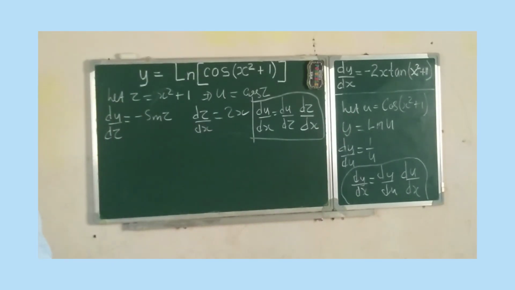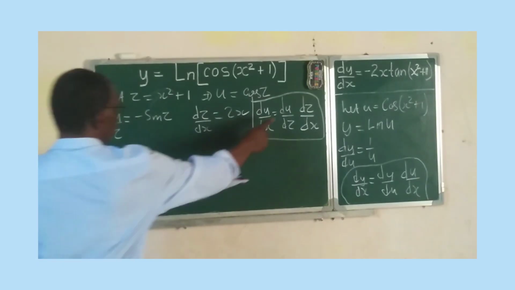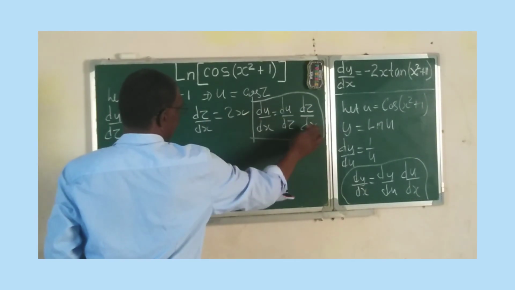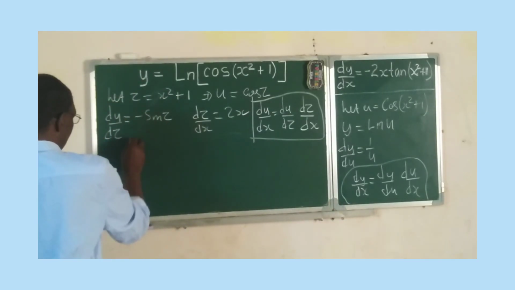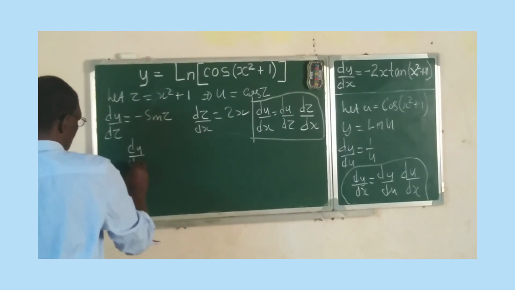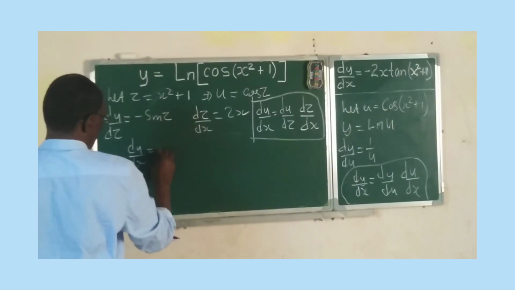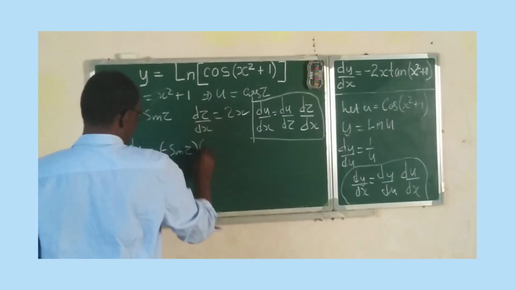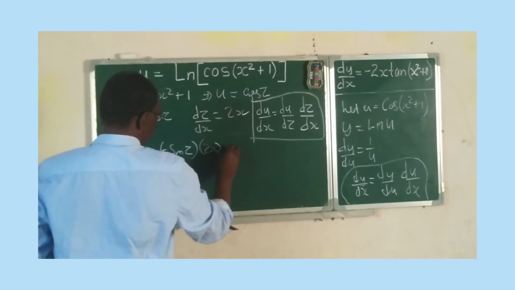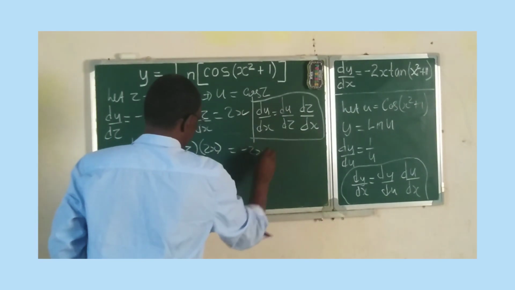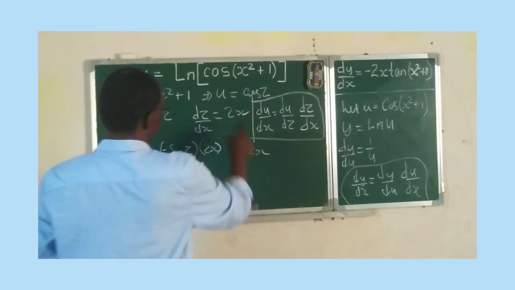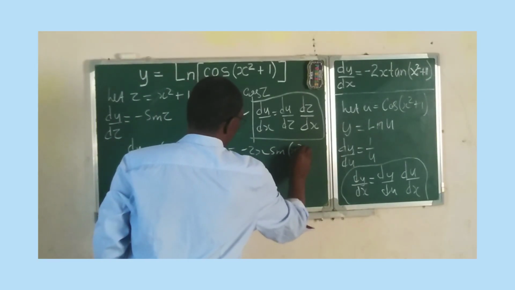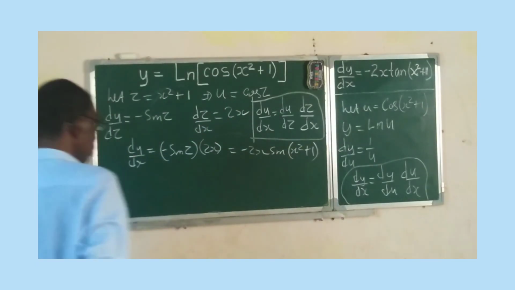Now, let's fit in the values. Our du/dz is equal to minus sine of z, and our dz/dx is equal to 2x. So therefore, our du/dx is equal to minus sine of z multiplied by 2x, which is equal to minus 2x. Well, z of course is x squared plus 1, so sine of x squared plus 1.